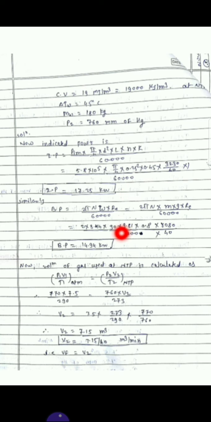Now next we require the value of the fuel consumption. If the mass is given, we require the mass of fuel consumption. If the volume is given, we require the volume of fuel consumption. So first we'll find out the volume of gas used, or consumed, at NTP condition, which we have to use for finding out the heat input.